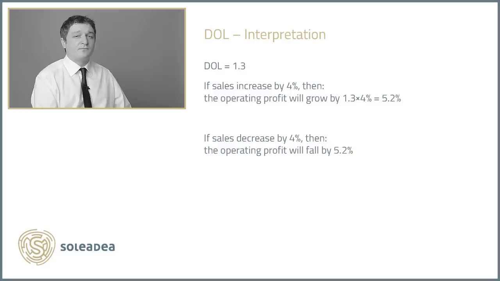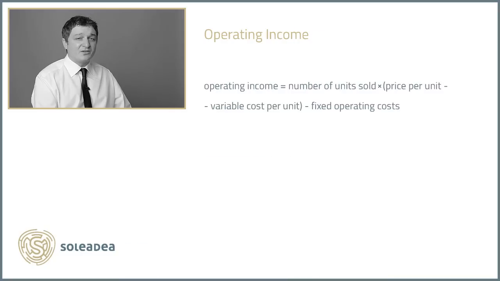An important category of the income statement item here is operating income, which can be calculated using this formula. The operating income equals the product of the number of units sold and the difference between the price per unit and the variable cost per unit less fixed operating cost.